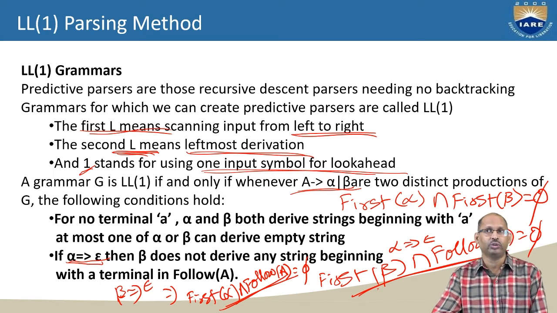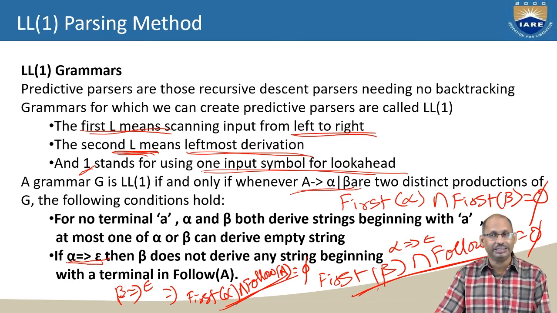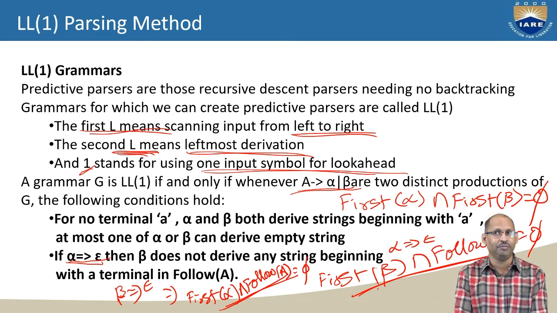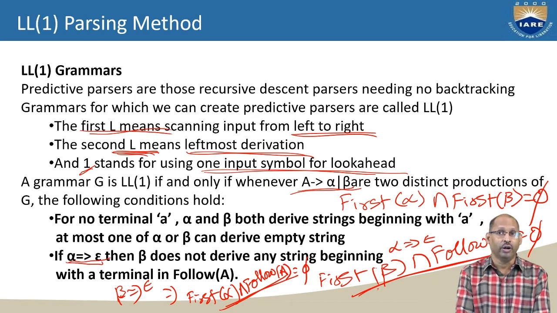So these are the two conditions. If these two conditions are satisfied, then we say the grammar is LL1 grammar, which results in the predictive parsing table being unambiguous. There will be one and only one entry in each terminal and non-terminal combination cell.